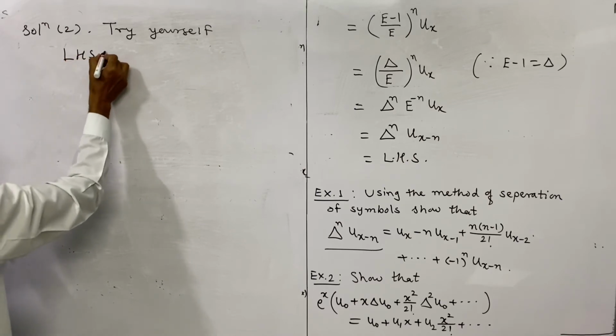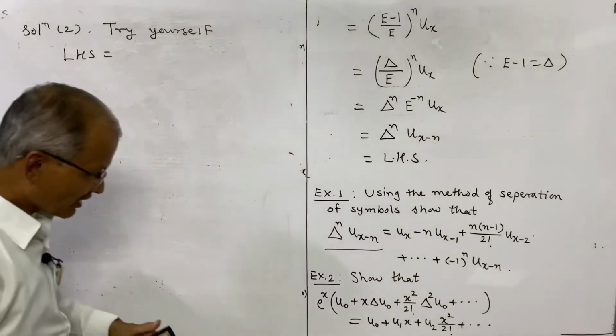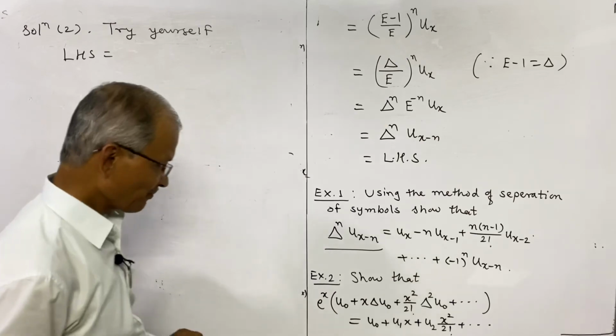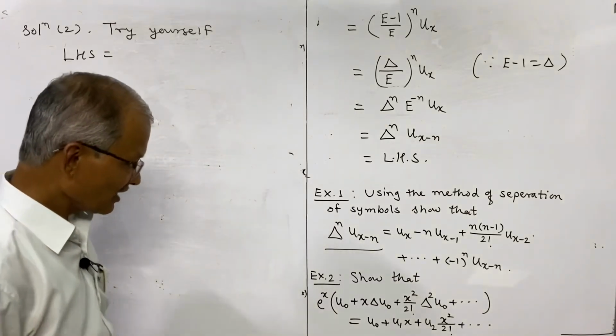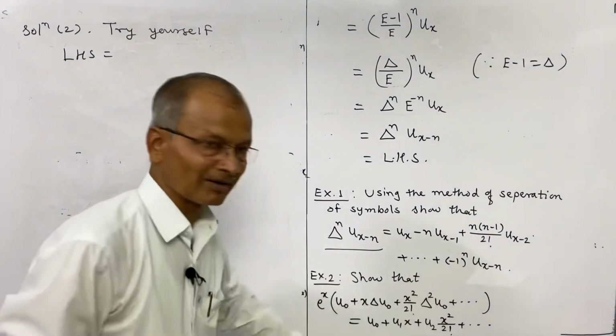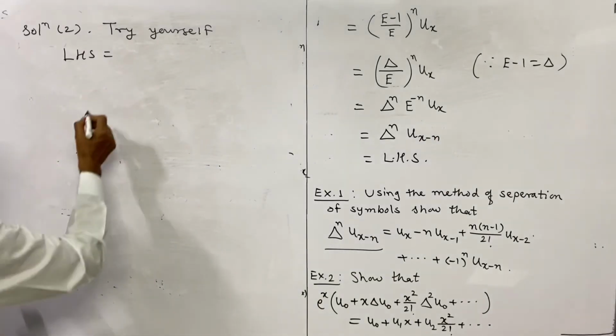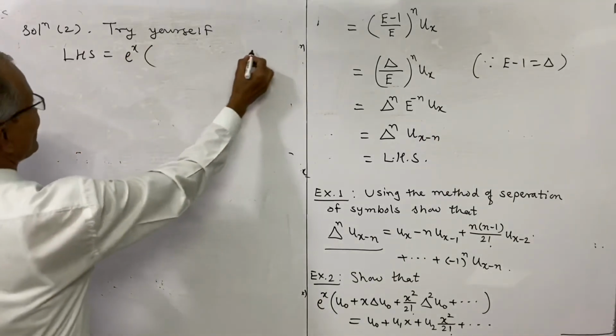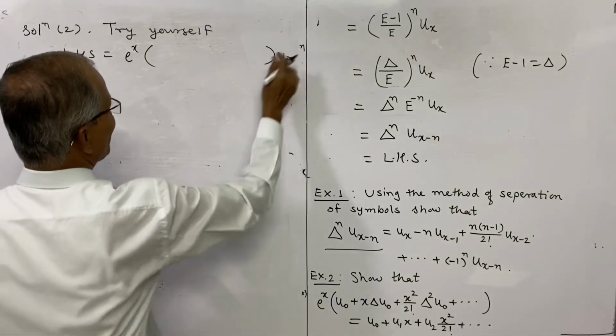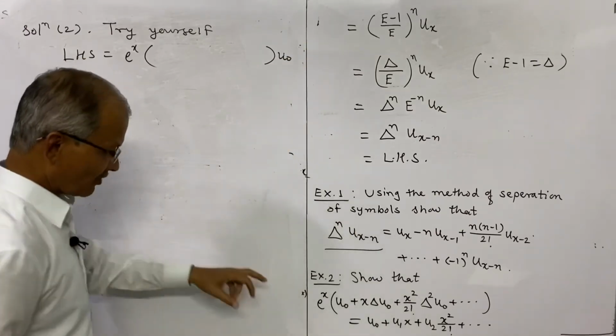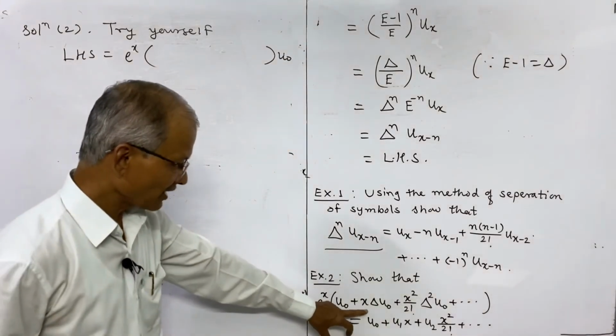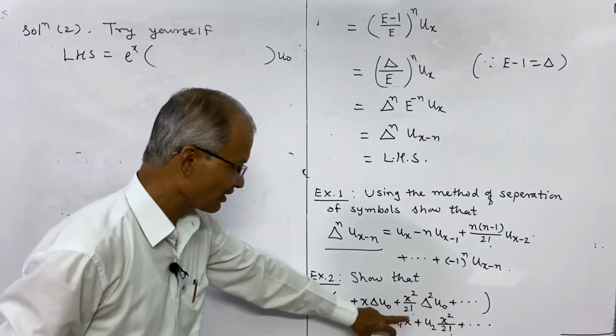LHS is equal to RHS, and for that purpose you write this as LHS, and we may see we can take u0 common, that is easy. So this will be e power x, and take u0 common, and then what remains will be 1 plus x delta plus x square delta square divided by 2.